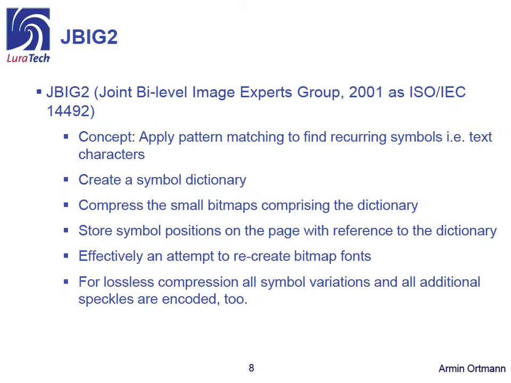So really to match all the A's and all the B's and all the C's on a page of printed text against each other. Try to identify the ideal middle ground character for each and every representation on the page. And based on that, create a dictionary, compress mostly the small character or symbol bitmaps in the dictionary, and then just store the positions on the page.